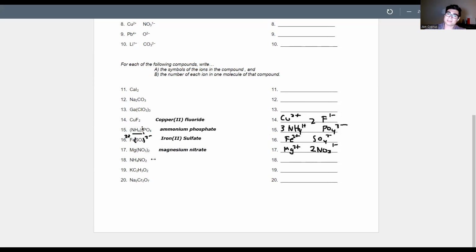NH4NO2. This is ammonium nitrate. NH4 is ammonium, nitrate is NO2. And then we end up getting 1 NH4 at a 1+, and 1 nitrate at a 1-.